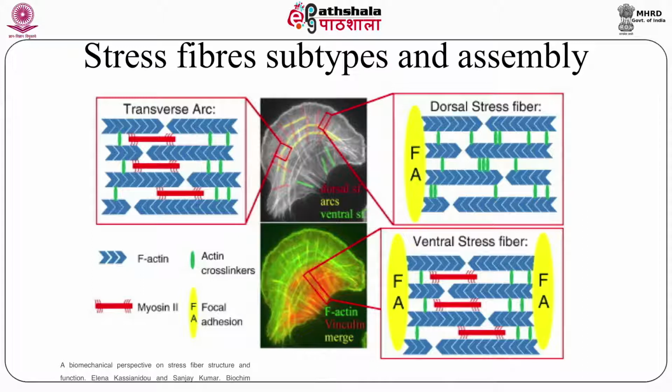The dorsal stress fibers, which are marked in red, attach to the focal adhesion only at one end, and the transverse arcs, which are marked in yellow, are curved actomyosin bundles and are not attached to focal adhesions on any of the ends. To visualize focal adhesion, a focal adhesion marker, vinculin, has been used. In this slide, we can visualize clearly the structural differences between the three types of stress fibers.